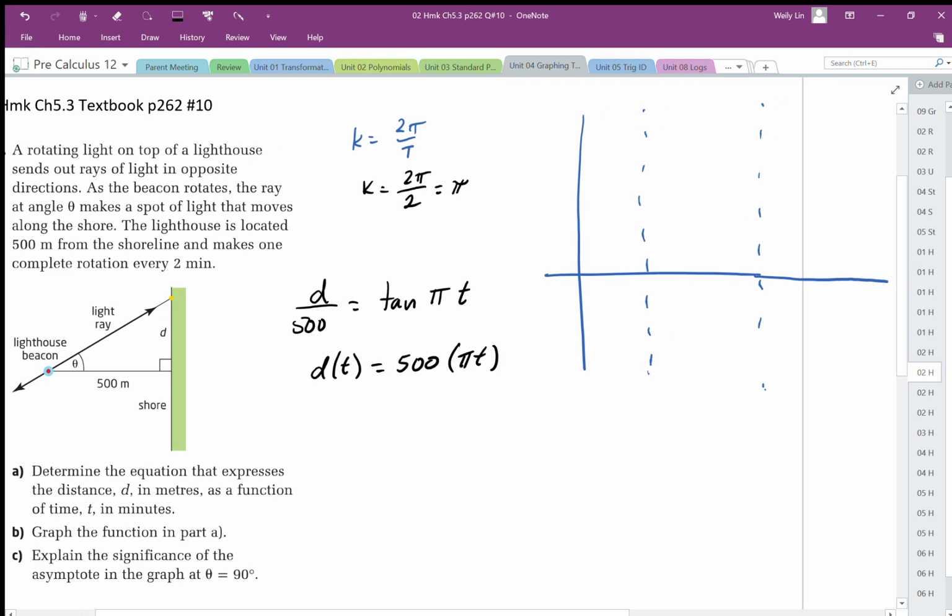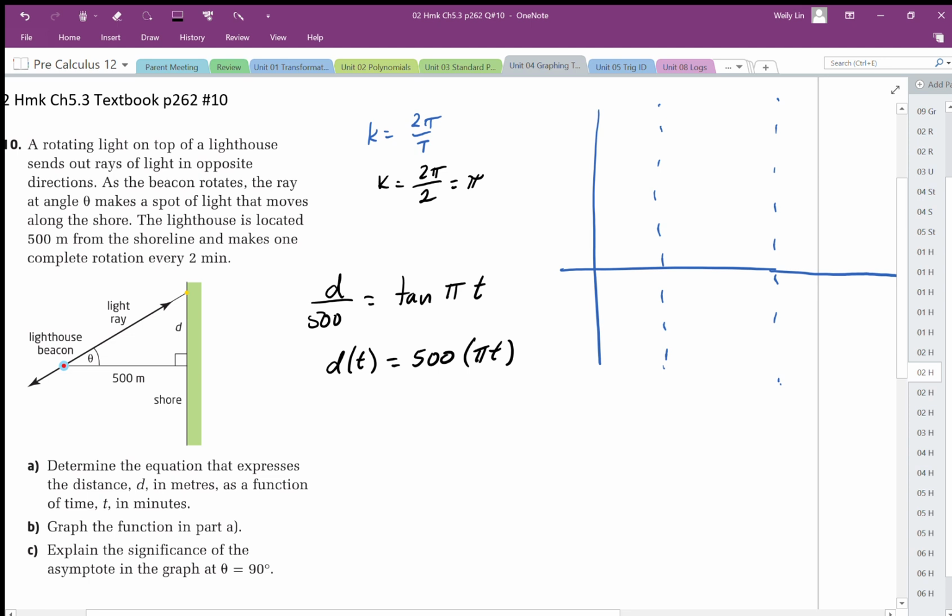And then when we graph this, it's just going to be a tan function, and it's kind of hard to show the expansion, but it's going to go up to its asymptote at 90 degrees, or in this case it's going to be 30 seconds, or 0.5 minutes. Okay, so that's going to be 0.5 minutes, and then it's going to come from the other side. So d is going to be negative.